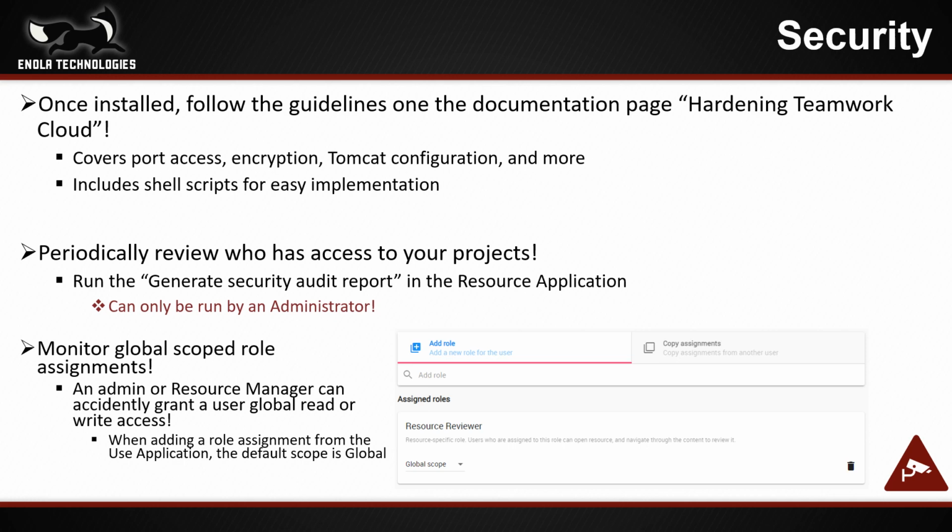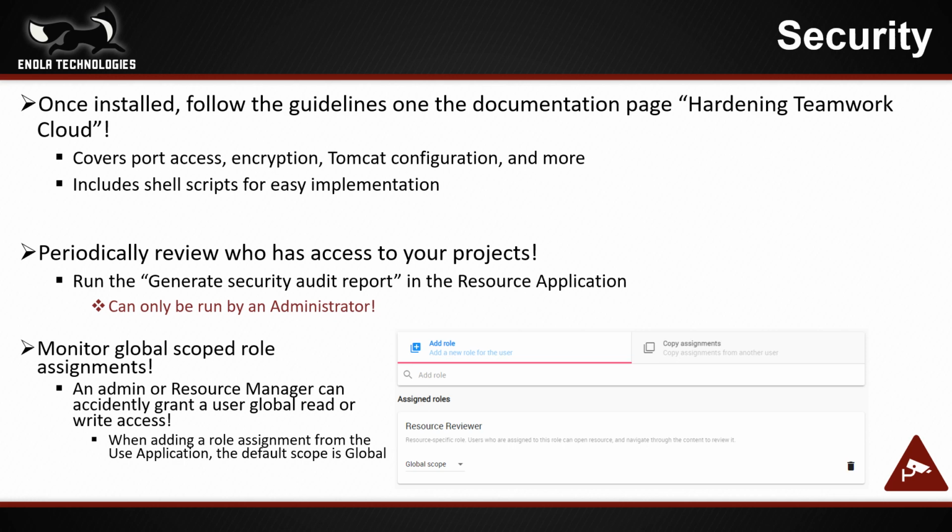But when you go add a new role to a user from the user application perspective of TWAdmin, when you add that new role, such as resource reviewer, as you see on the image here, the default scope is global. And I've had people accidentally say, oh, I got a resource reviewer, great, save. Not realizing they had to go change that global scope to either a category or a specific resource before saving.